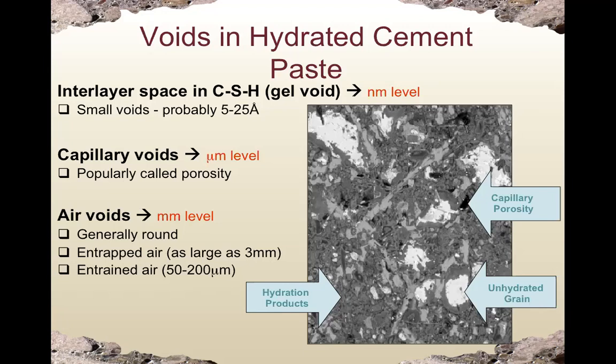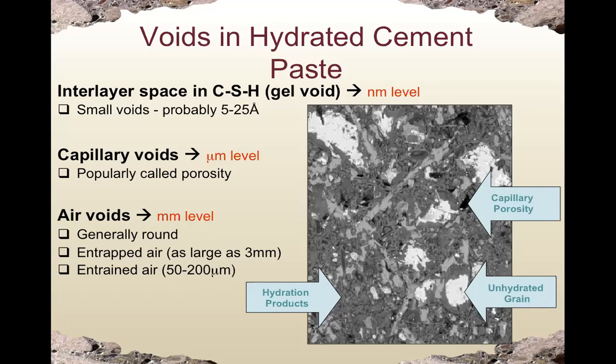Make sure the concrete is condensed. If the compaction is not good enough, we could have entrapped air. The size is pretty large, 3 millimeter. So entrapped air is bad. It will cause lower strength and worse durability. So that's bad for concrete.